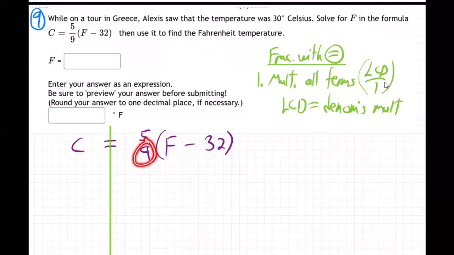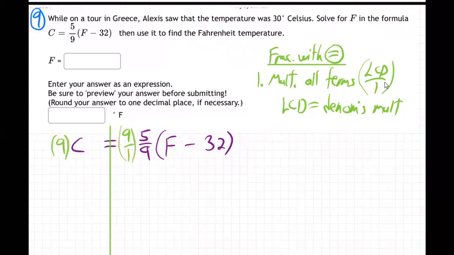That's the only thing under a bar. So we're going to multiply by 9 over 1. Over here, I'll just put 9 because it's not a fraction. You don't need to put 9 over 1. Does that make sense?